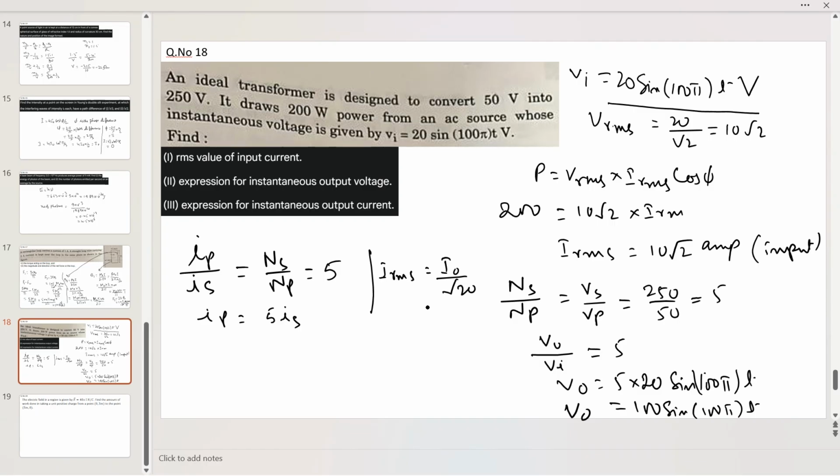So your Irms is 10 root 2. So 10 root 2 is equal to I naught by root 2. So here your I naught, that will be equal to root 2 into 10 root 2, that is 20.